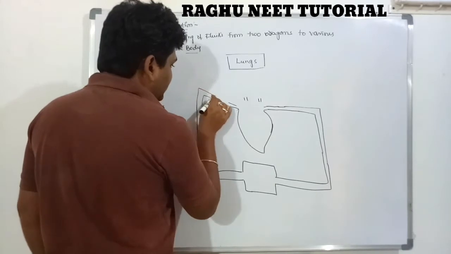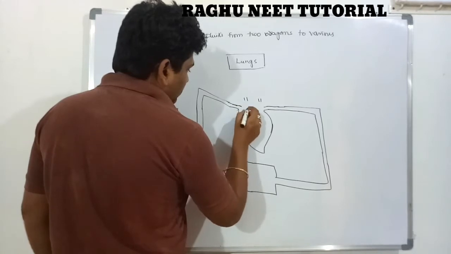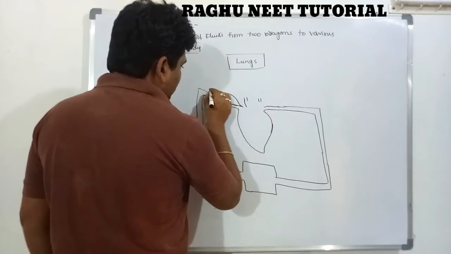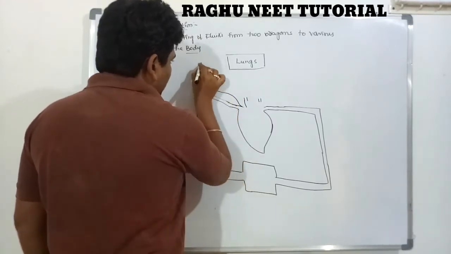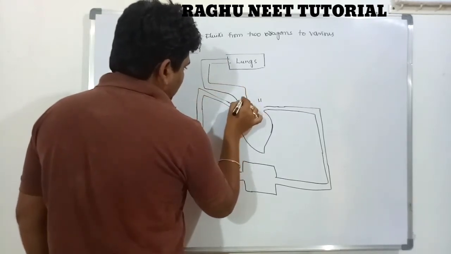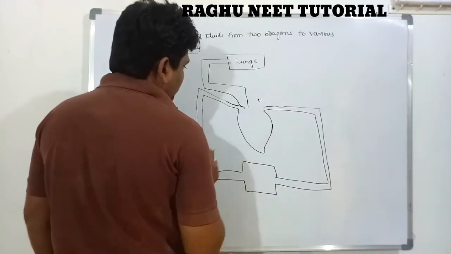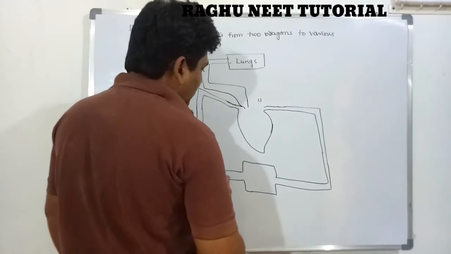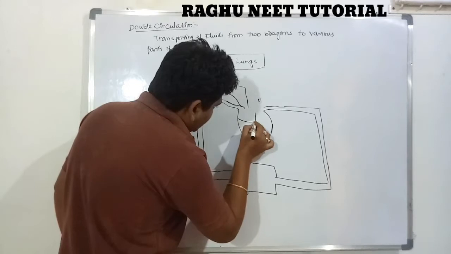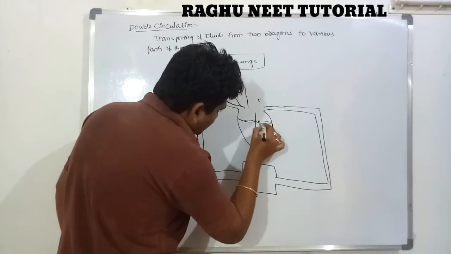So the deoxygenated blood enters into the right chamber of the heart. So this is known as the lungs.